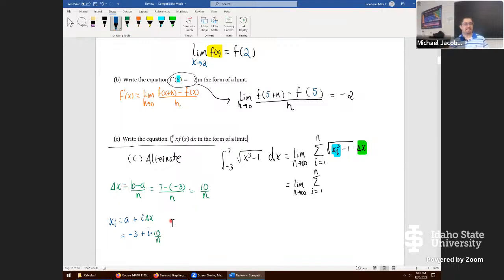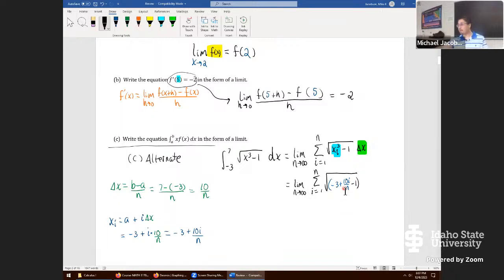You can bring it in exactly like this, but usually I simplify it just a tad: -3 plus 10i over n makes it slightly smaller when we plug it in up here. So now that's all the moving parts. Take the delta x and your xi formula, and substitute that information in. The Riemann sum goes square root of, for xi, -3 plus 10i over n, and then -1.